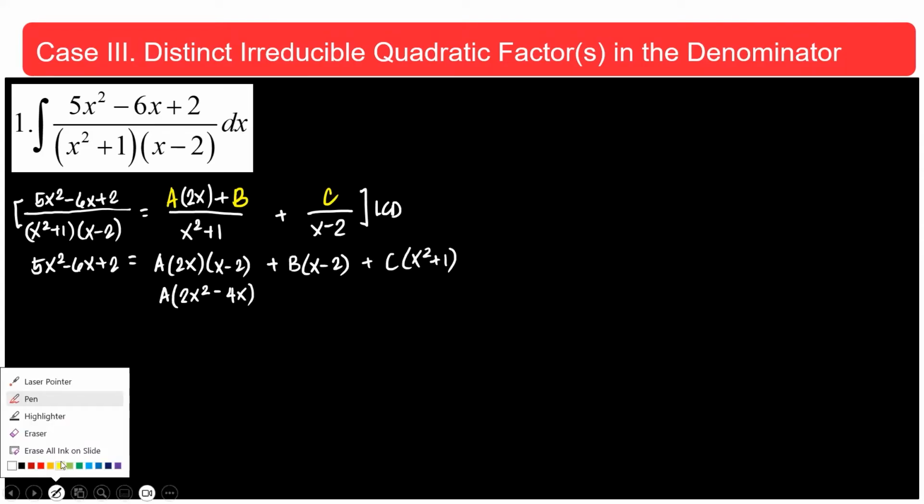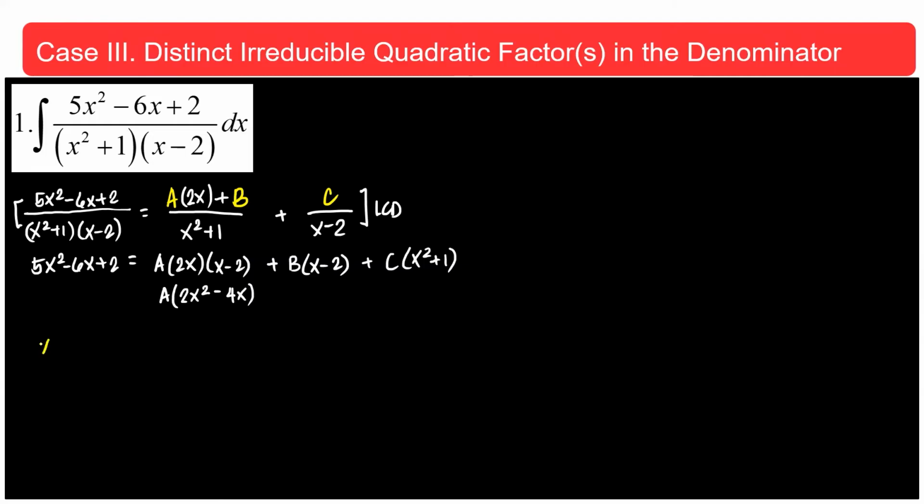What is the highest power that we see? Still, x squared followed by x followed by numbers. What method is this, guys? This is method of, what am I doing?